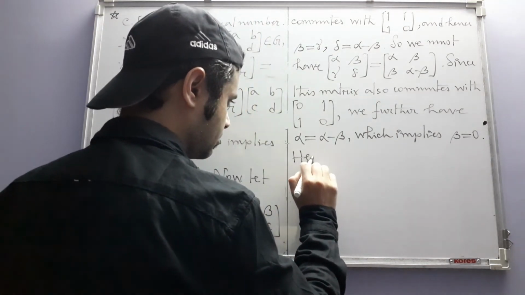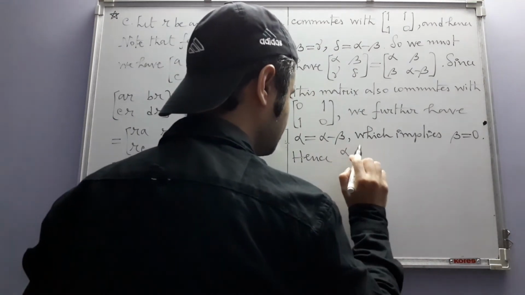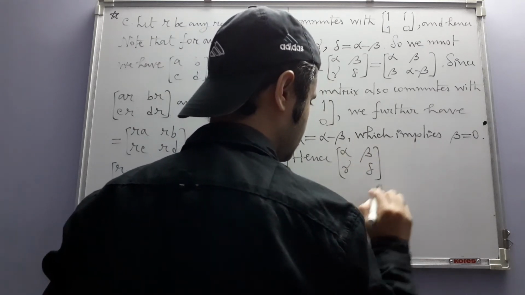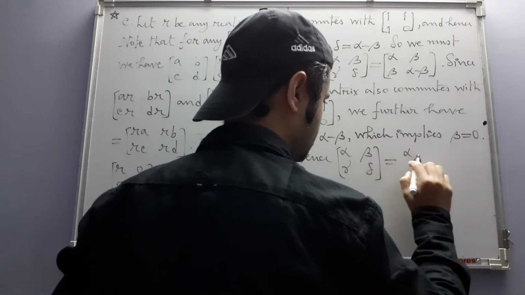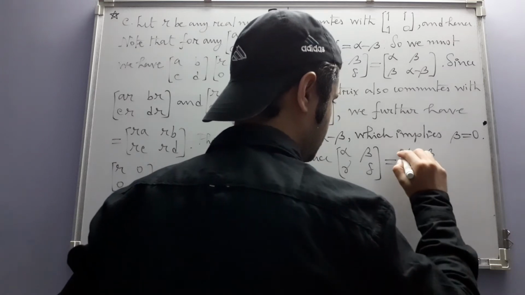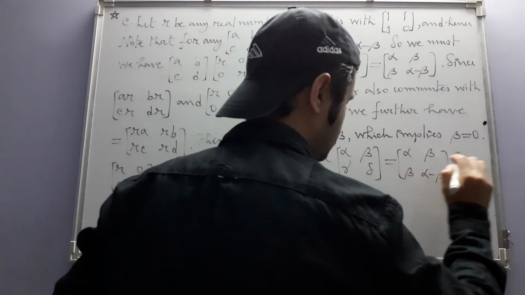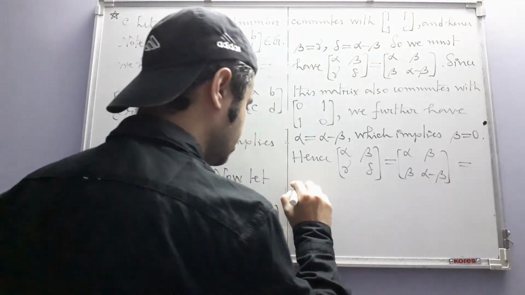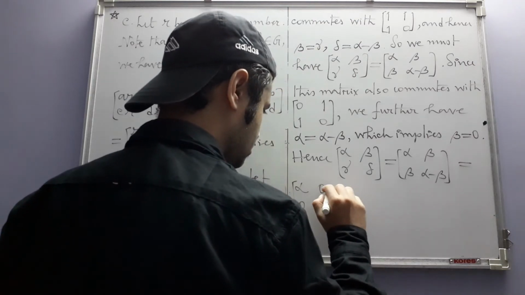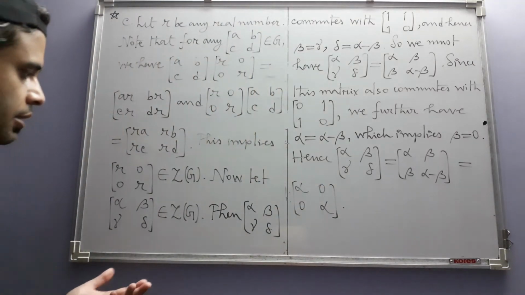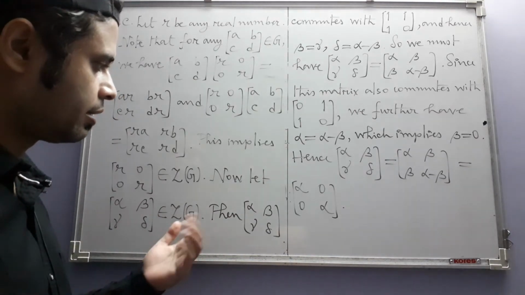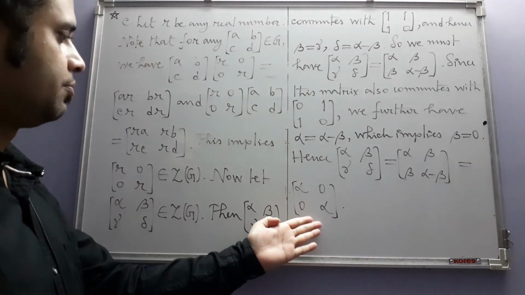Hence, what is the final form of our matrix? Since beta is equal to 0, the matrix looks like this. So you see that if this is a central element, a matrix in the center, then it is a matrix of this form.